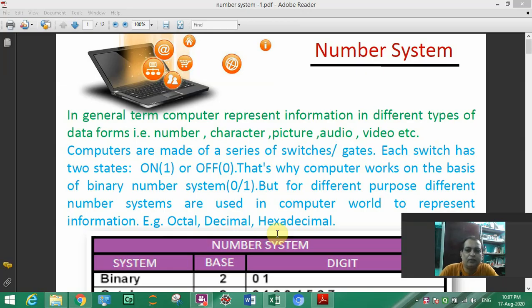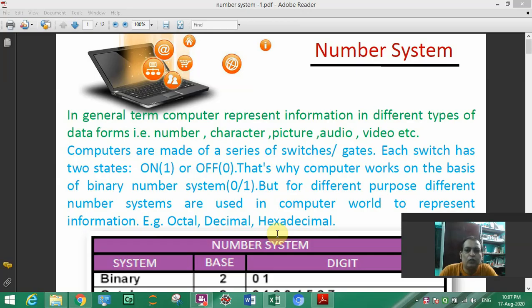On status is represented by 1 and off status is represented by 0, or vice versa. Sometimes it is also read as true and false. True means 1 and false means 0.